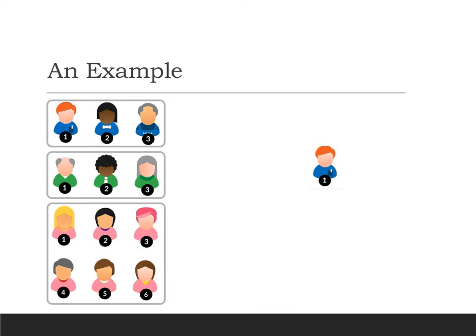Then we're going to select number 2 from the green group. Again, randomly selecting. I've got my Google random number generator going. But then I need to select 2 people from the pink shirt group. So I need to change my random number generator to be any number between 1 and 6. Of course, I don't want to select the same number twice.